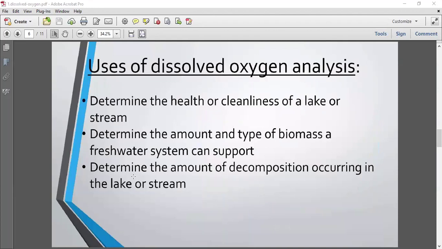The uses of dissolved oxygen analysis: determine the health or cleanness of a lake or stream; determine the amount and type of biomass a freshwater system can support; determine the amount of decomposition occurring in the lake or stream.